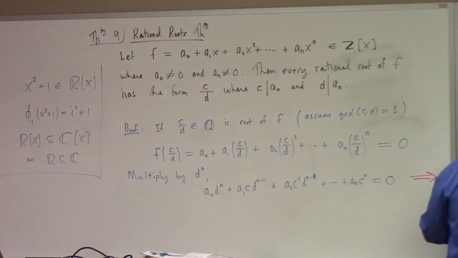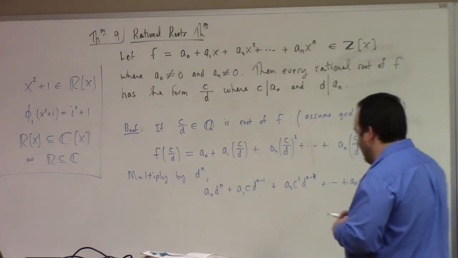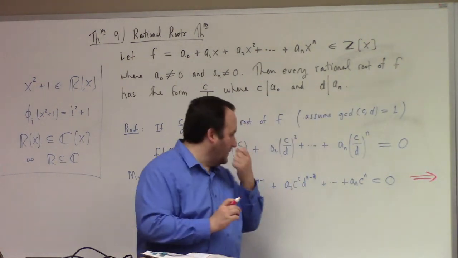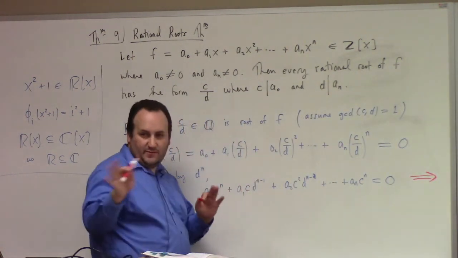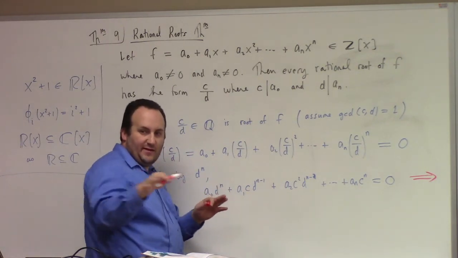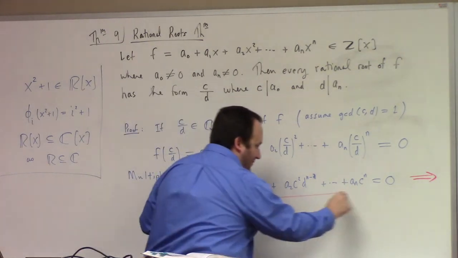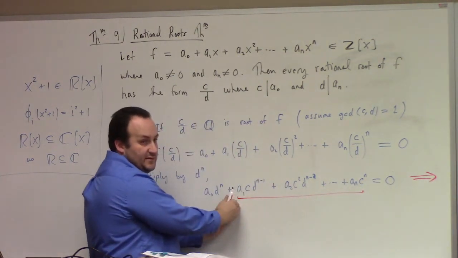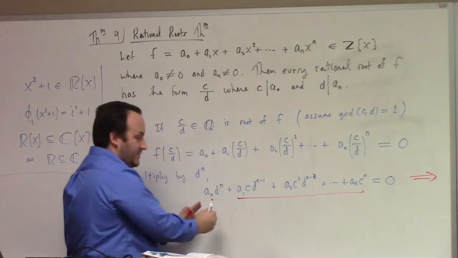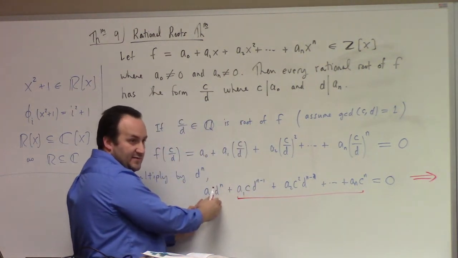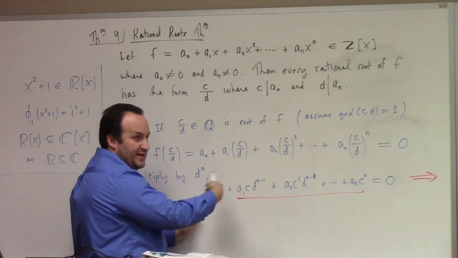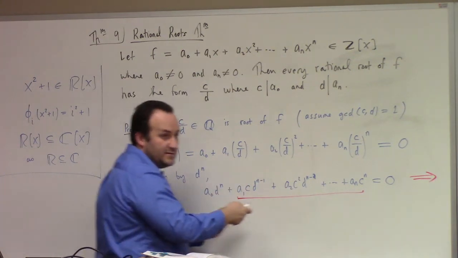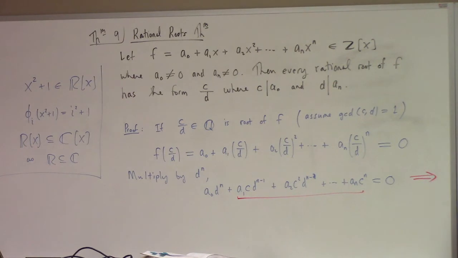And what else does it say? Right, so what Kang said is good. What Alan is getting at is the counterpoint, which is, if you look at all this stuff, everything here has a c. So c clearly divides this piece. Hence, it must also divide this piece, because we can put that to the other side and get this is equal to minus that, right? So this also tells us that c divides a naught times d to the n, right?